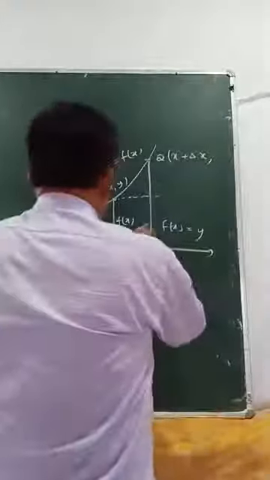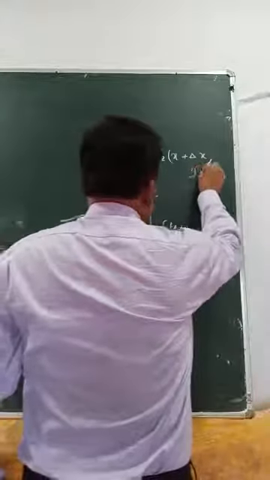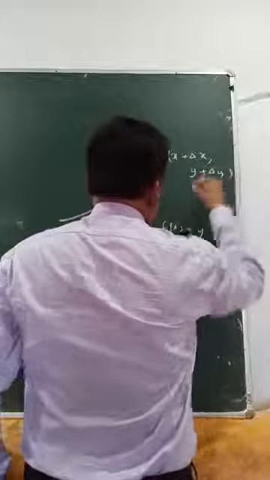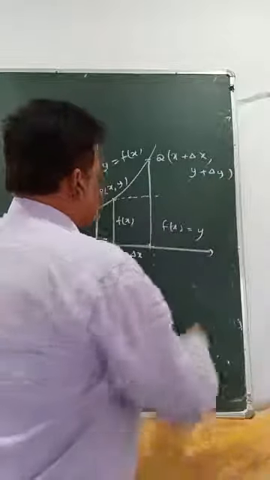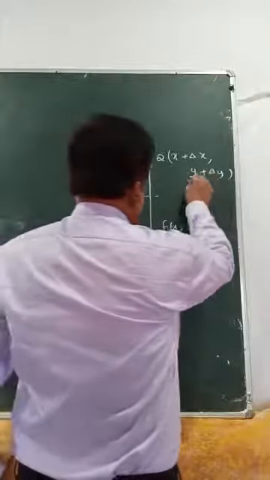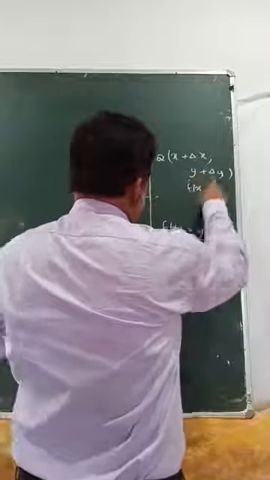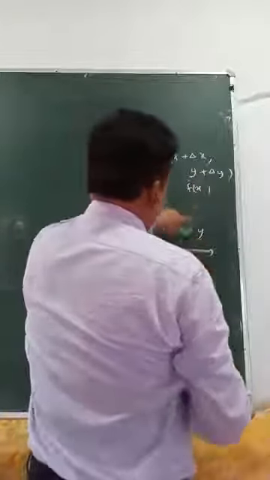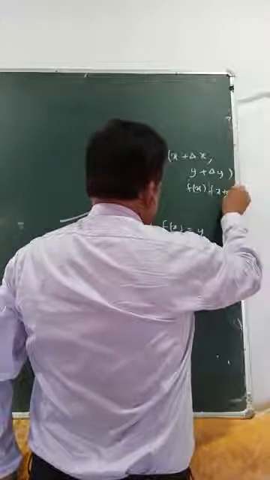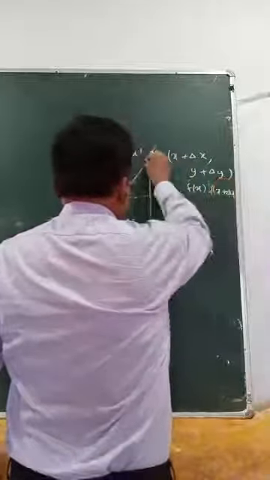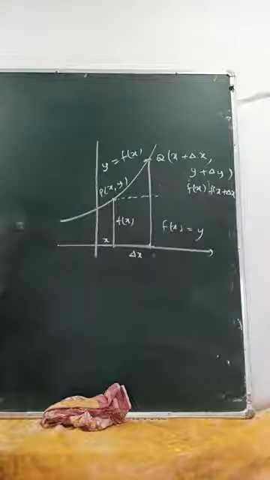You can say this is y plus delta y, which you can write as f of x plus delta x. This is the point.